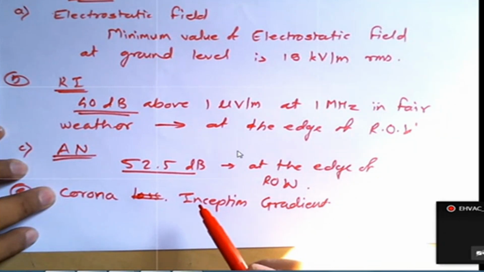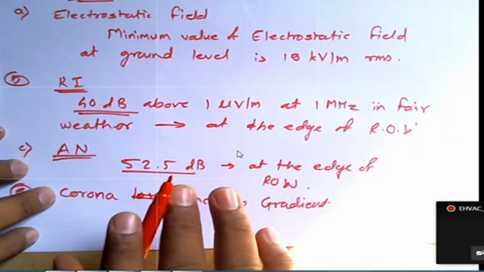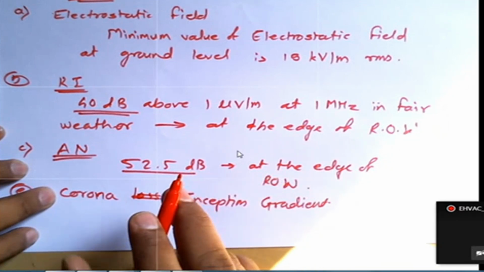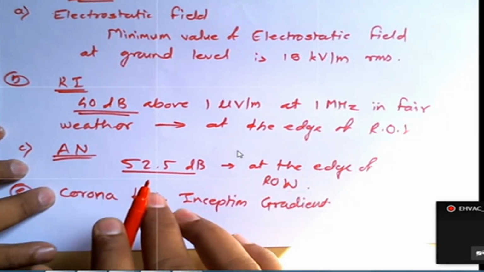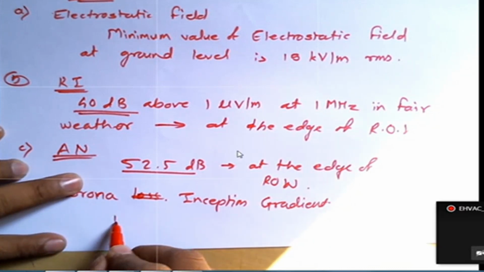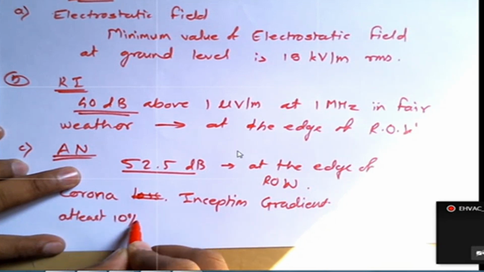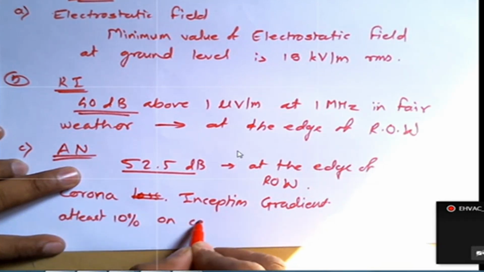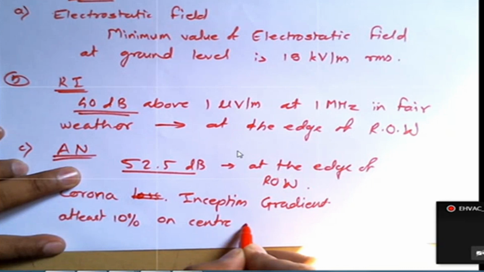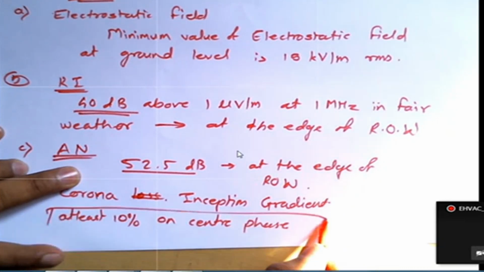If we consider the maximum voltage gradient, it should be at least 10% on the center phase, or the phase with maximum voltage gradient. This is the margin.